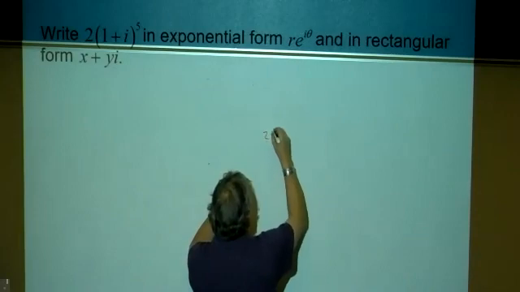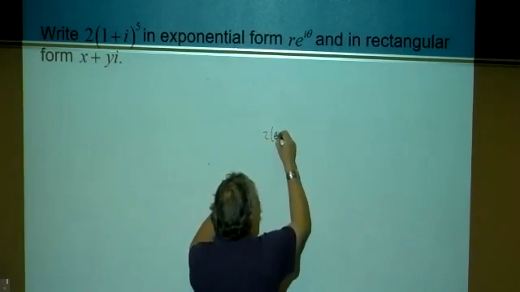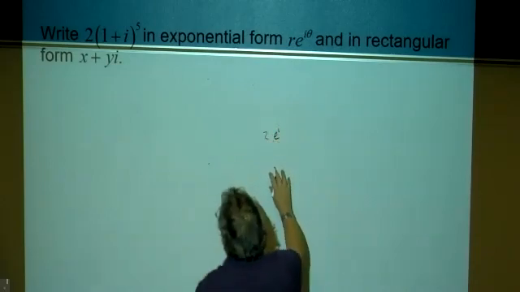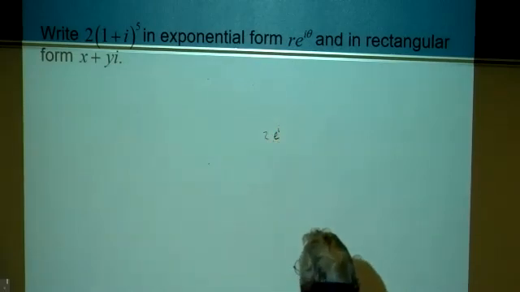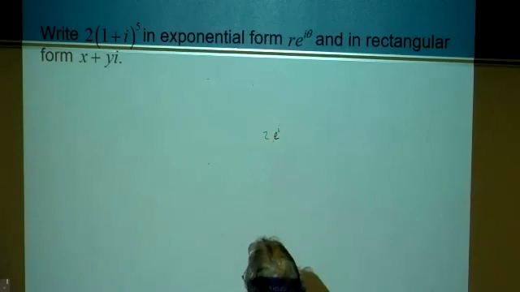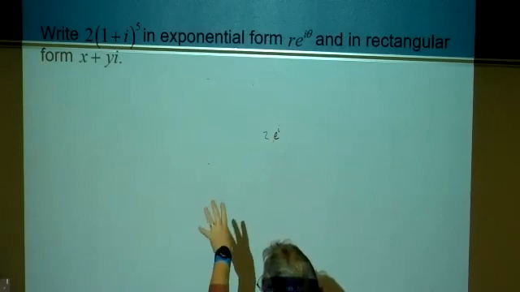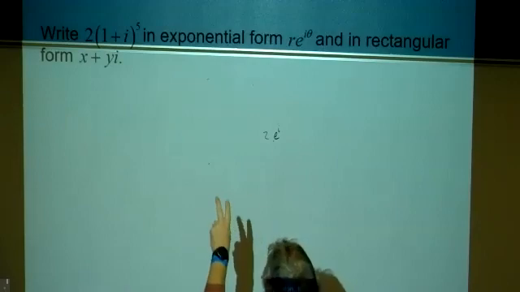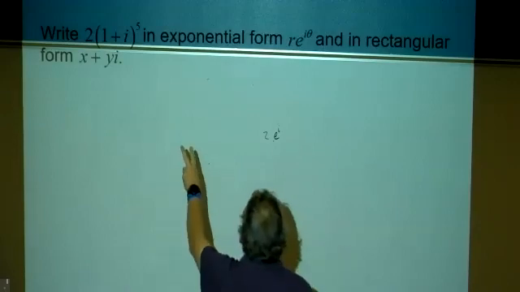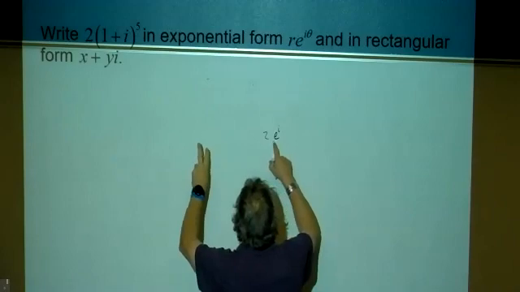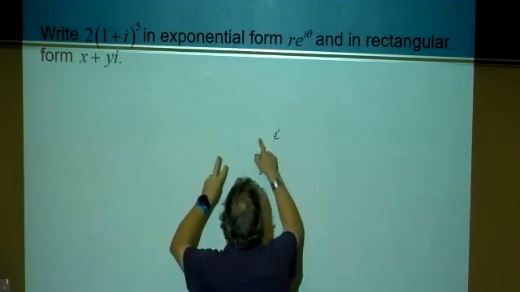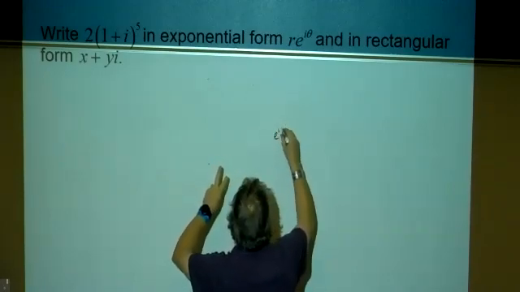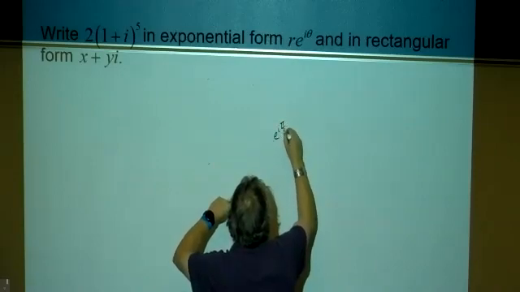So this is 2 times e raised to, well, no. Are they raising to the 5th power? Well, got to be very careful here. They're not raising the 2 to the 5th power. They're only raising the e to the pi over 2.